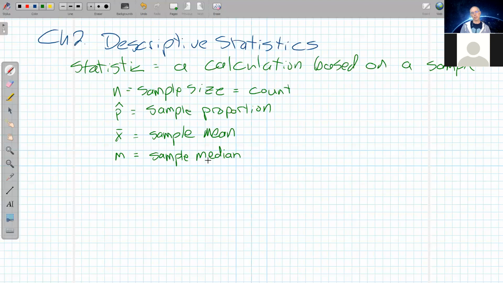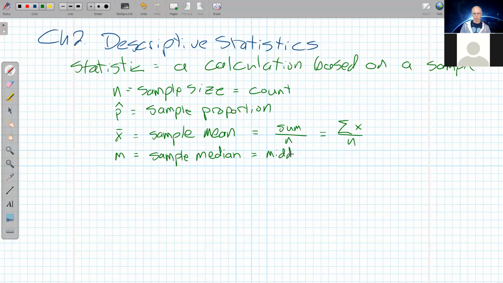It kind of depends. More often it's the mean than the median, but sometimes it could be the median. The mean is the sum of all of the values of the variable divided by the count. Sometimes it's written in a little more formal notation, this Greek sigma, you might have seen that in a spreadsheet, of all the X values divided by the count. And the median is just the middle number when they're in order.